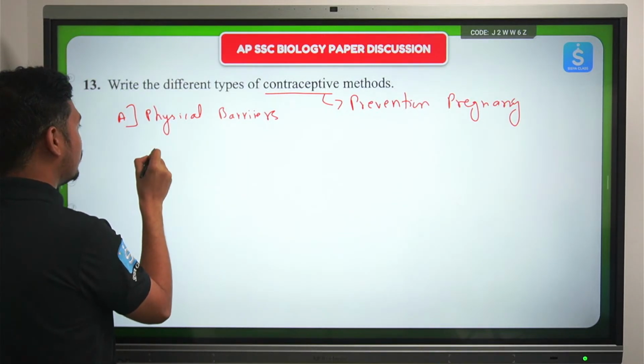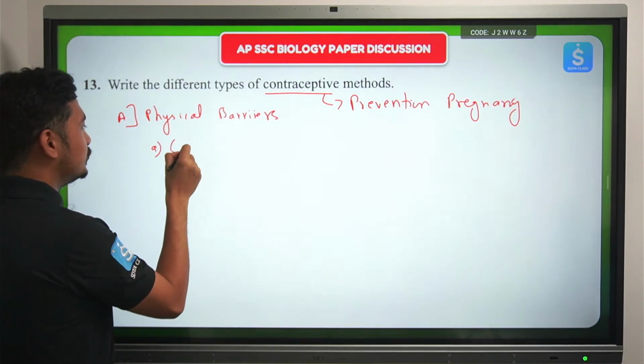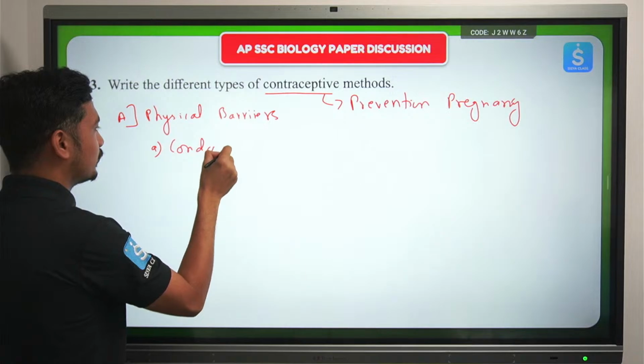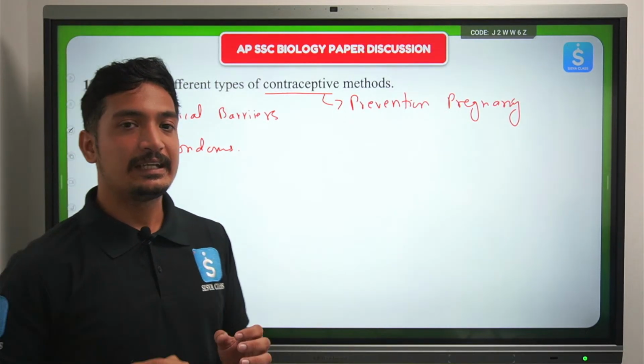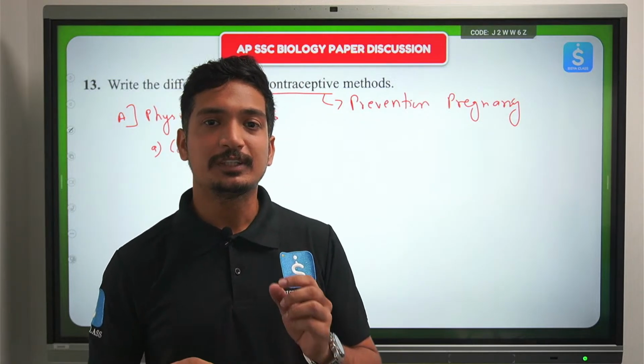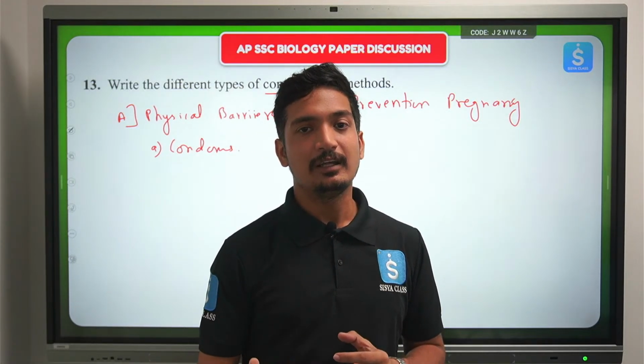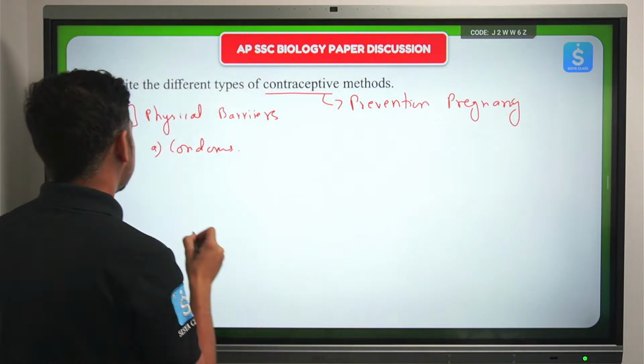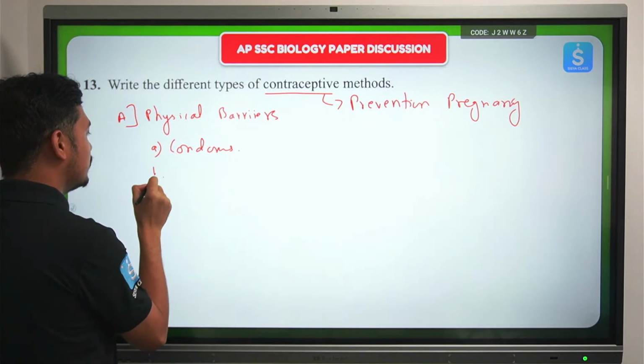So point number 1 is using condoms. Condoms create a physical barrier on the penis, and therefore the sperm released by the penis will not enter the vaginal opening. The second thing is using a femidome.